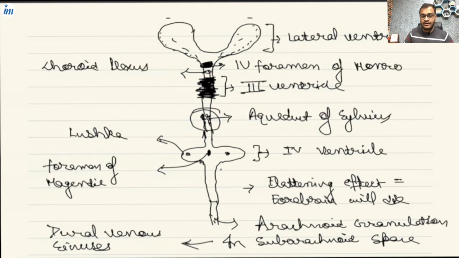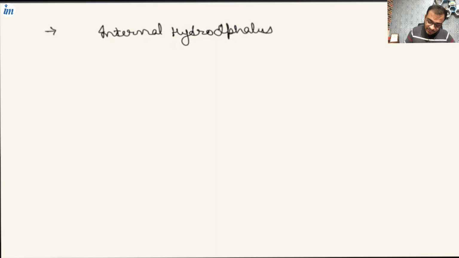In other words, it leads to internal hydrocephalus. When CSF is filled in the lateral ventricles or the third ventricle because there is stenosis or obstruction in the aqueduct of Sylvius, it will keep on accumulating.